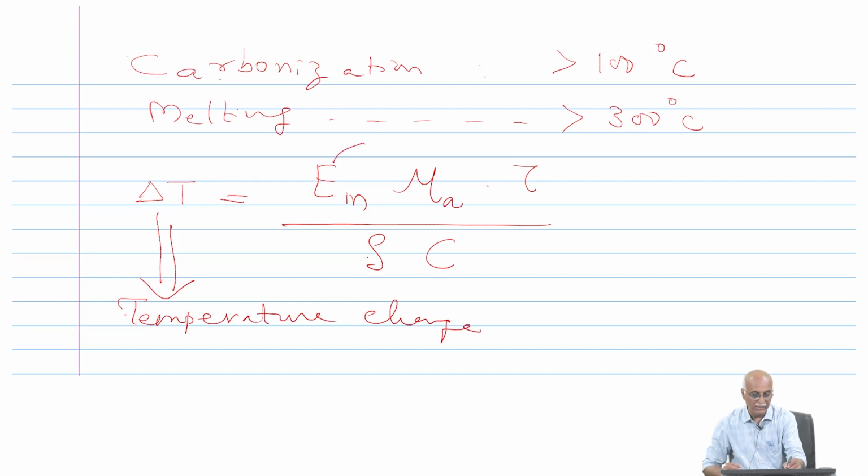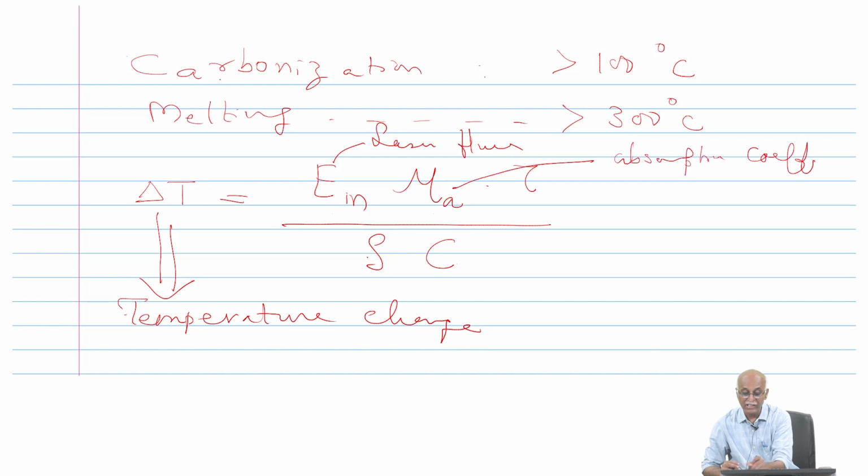E in is the laser fluence. Mu A is the absorption coefficient of this tissue material, which will decide the amount of heat which is getting coupled with the tissue.